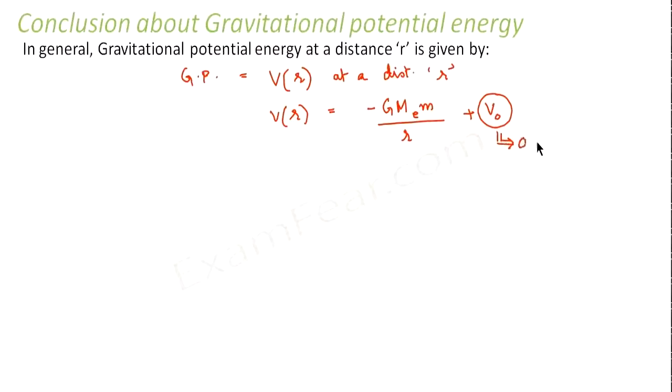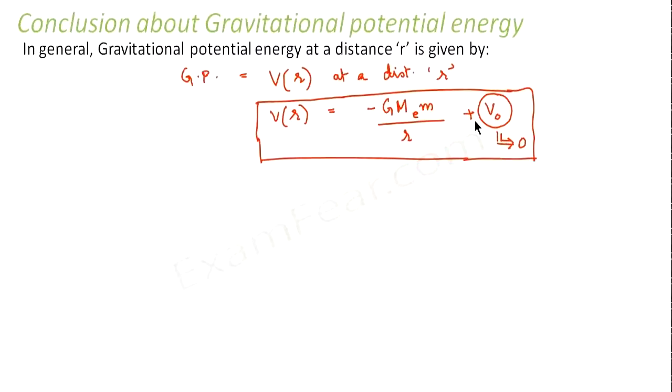So the zero of gravitational potential energy is completely upon our assumption. There is no fixed point or fixed value where the zero of gravitational potential energy should be. So in general we can say that gravitational potential energy is denoted by minus G me into m divided by r plus V naught, where V naught denotes the zero of gravitational potential energy.